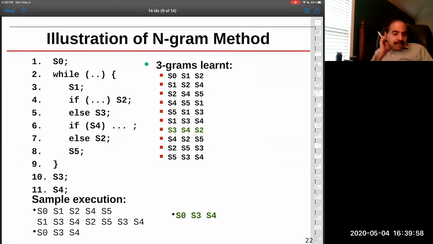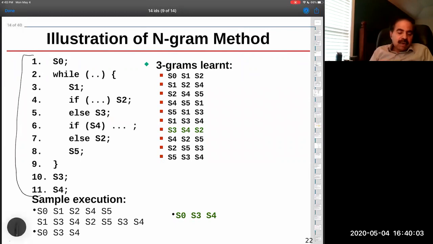Here is an example. Here is a simple toy program, and S1, S2, S3, S4, S5 denote system calls. A sample execution of the program may execute S0, then S1, then S2. Notice that this is an if-then-else statement, so if you execute S2, then you won't execute S3.